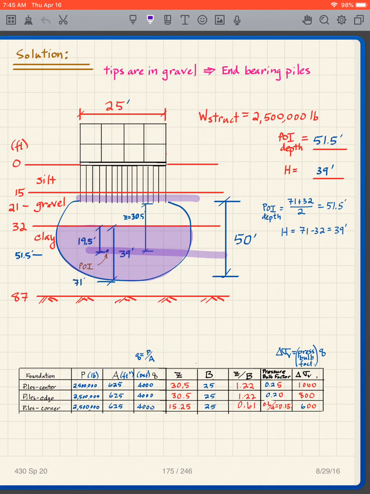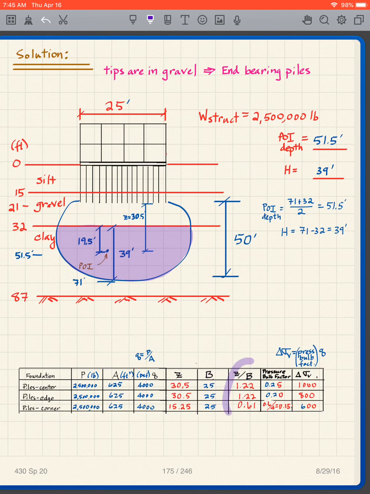Now, for the corner, we're going to use our little trick. We're going to cut that in half. So half of 30.5 is 15.25. That's just a matter of using the trick to use our pressure bulb. The B is 25 feet, as we see there.